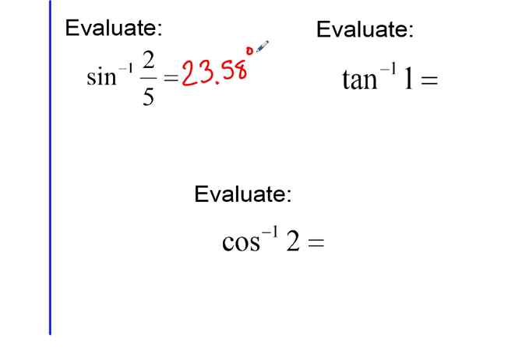The inverse tangent of 1 is exactly 45 degrees. And the inverse cosine of 2 is actually impossible. There is no possible way to get an inverse cosine of 2. You should get error. So you cannot actually do inverse sine, cosine, and tangent to absolutely anything. There are some exceptions.